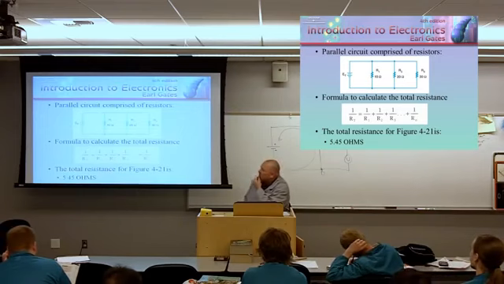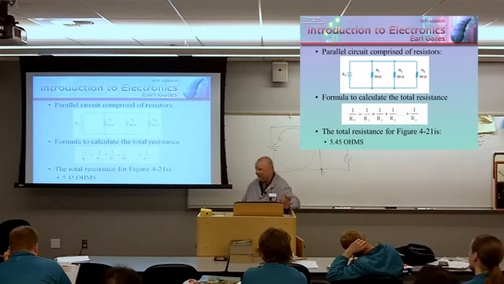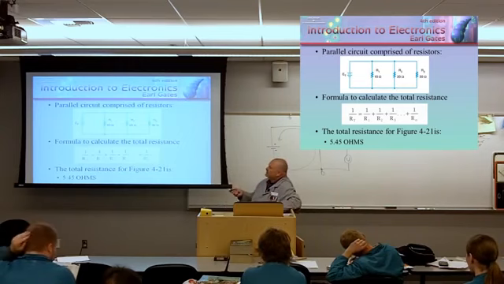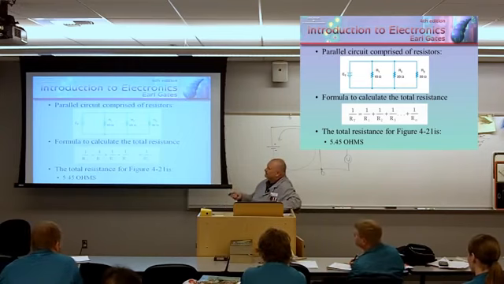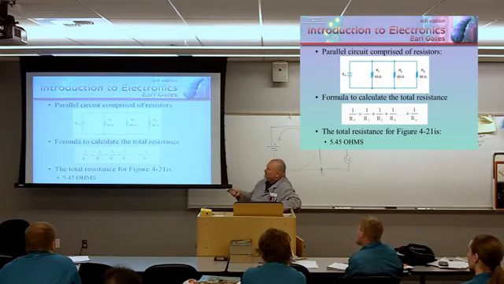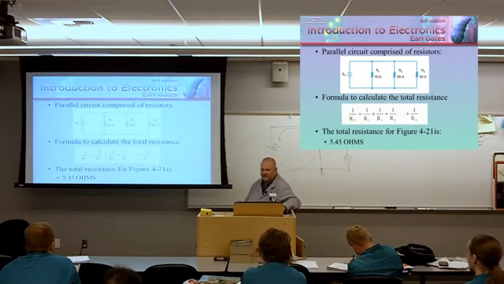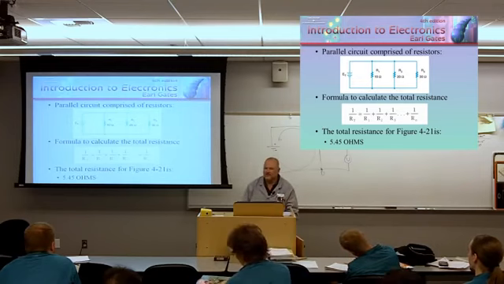Now, in order for us to calculate the total resistance in parallel, this is kind of different. This is kind of odd, right? What we're going to do is this reciprocal formula. The reciprocal of resistor 1 plus the reciprocal of resistor 2 plus the reciprocal of resistor 3, on and on and on. That sounds awful familiar to me. What is the reciprocal of resistance?